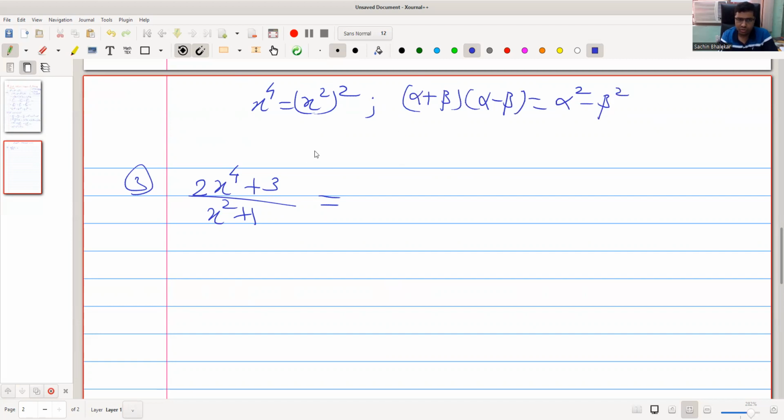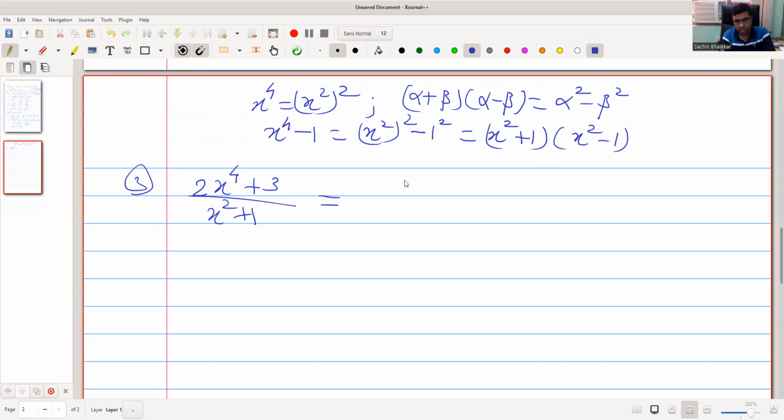Okay, so somehow we can write x raised to 4 minus 1. x raised to 4 means x square, its square, and minus this 1 is nothing but 1 square. So this is of the form alpha square minus beta square. So it is alpha plus beta and alpha minus beta. Okay.